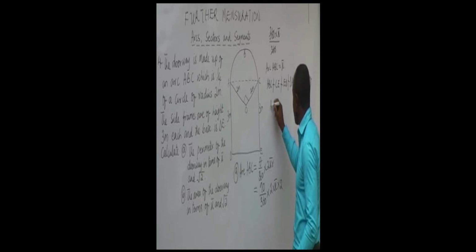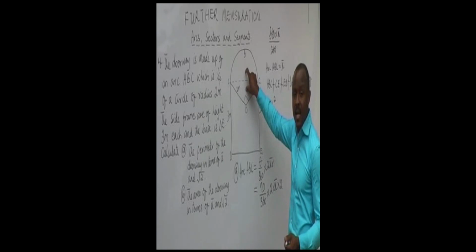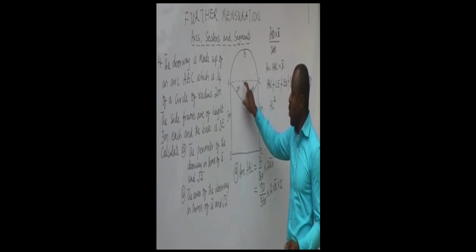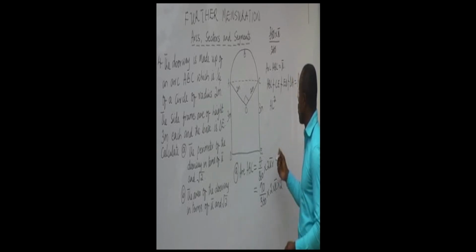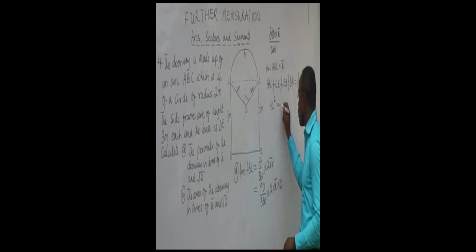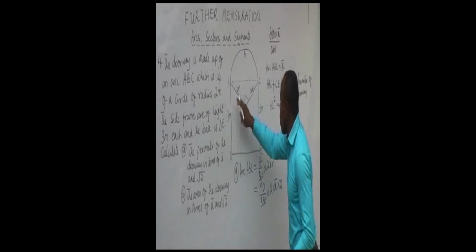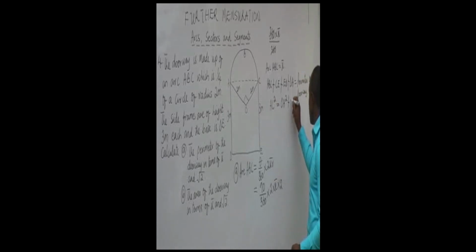Our AC squared. AC here is the hypotenuse of this right angle triangle. And in Pythagoras theorem, the square of the hypotenuse is equal to the sum of the squares of the other sides of the right angled triangle. So that's why I'm writing that AC, which is the hypotenuse of the right angle triangle, is equal to OA squared plus OC squared.